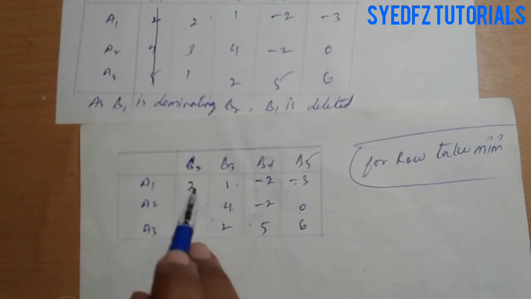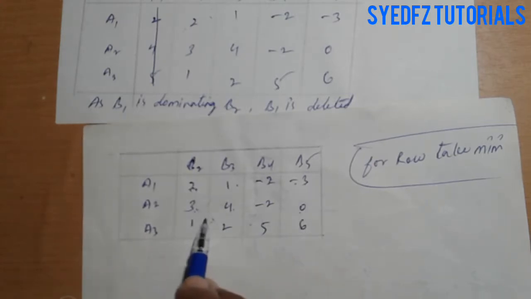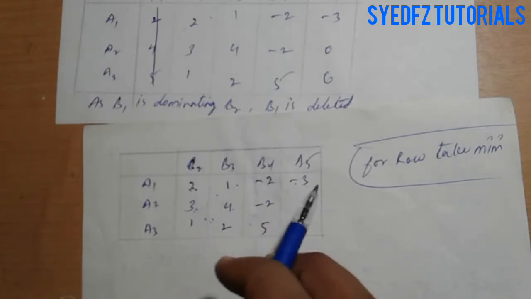So A2 is dominating A1. Which is dominating?